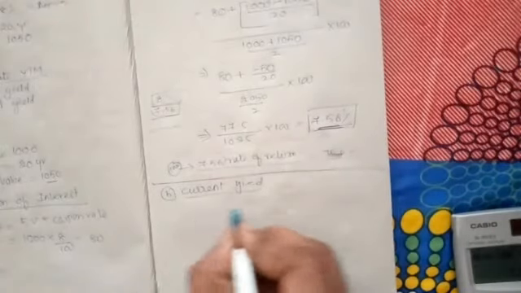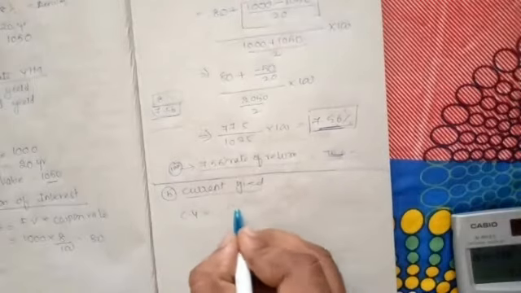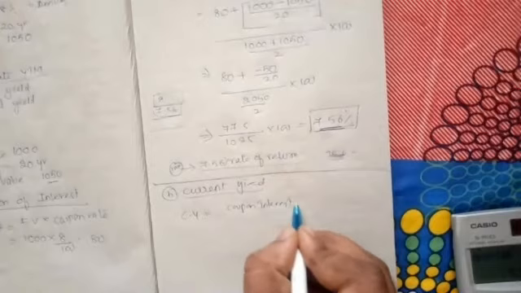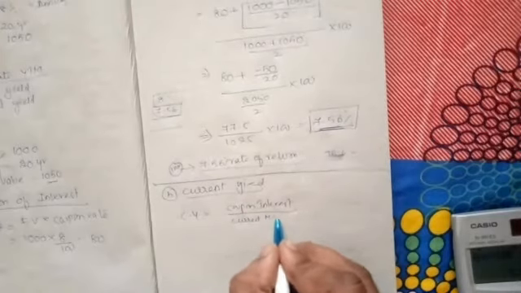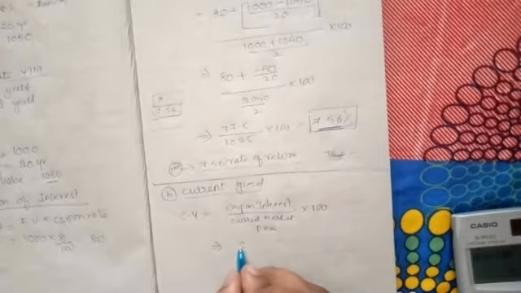Now, what is the current yield? How can we simply calculate the current yield? Current yield is calculated as coupon interest divided by current market price into 100. What is the coupon interest that we are going to get? That is 80. What is the current market price?